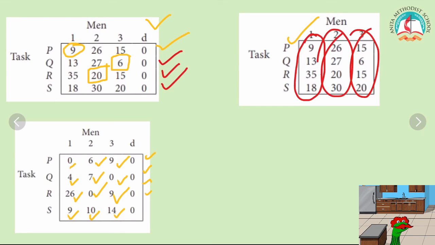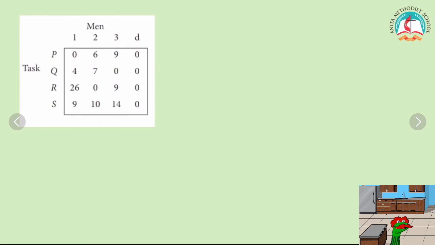Now I am going to make an assignment. So I am going to check where I have exactly 1 zero. The dummy column you need not consider. The first row I have only 1 zero. The second row I have a 0. And the third row I have 1 zero. And the fourth row I cannot assign any of the men because the number is not 0.